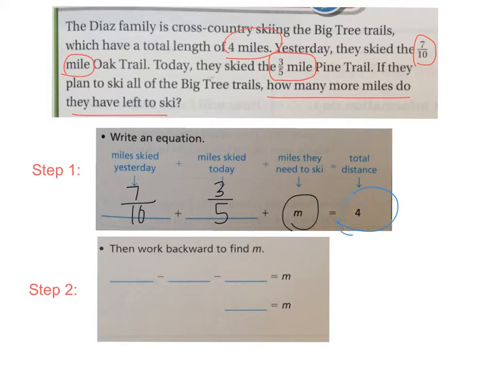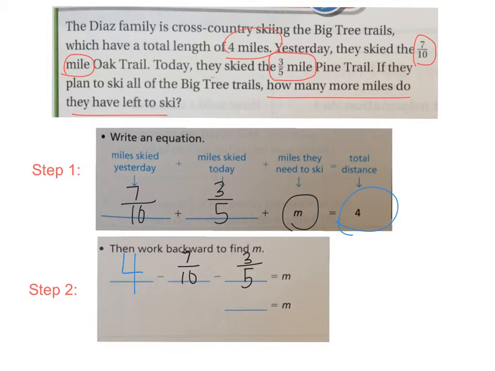The total distance, which is 4. Minus, in parentheses, 7/10 of a mile, which is 1 trail, and the total distance of 4, and subtract the amount that they have already skied. 4 minus 7/10 minus 3/10, or 3/5, sorry, and that should give me the total amount that they still need to ski.